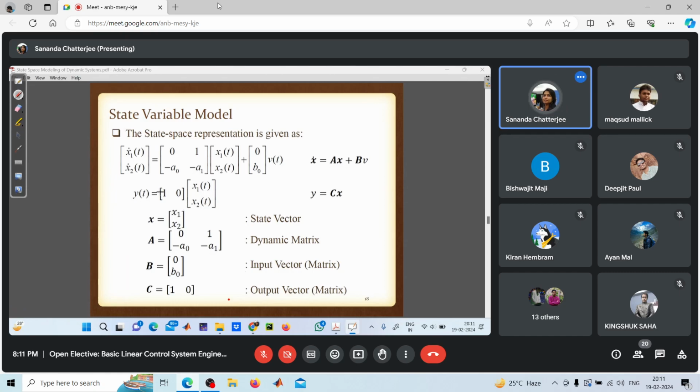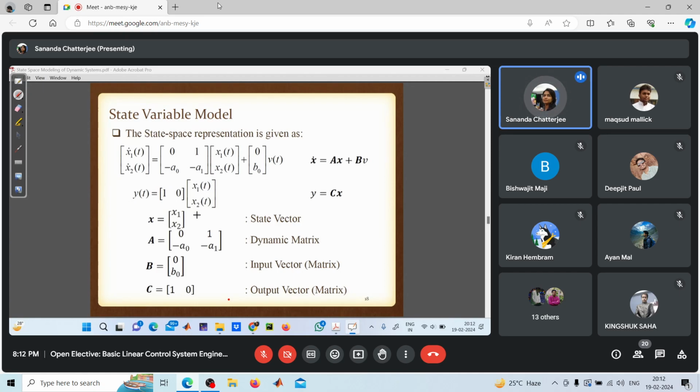In this case it is a vector, but in general it could be a matrix because there could be more than one output involved. Say there are two outputs. If there are two outputs, then we will have the C matrix as a 2 cross 2 in this case, as there are two states.